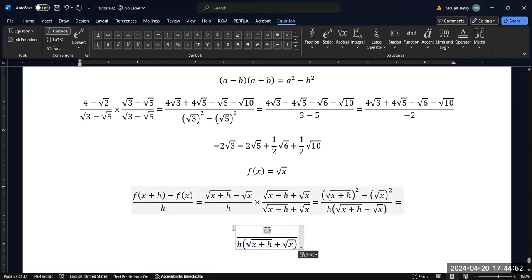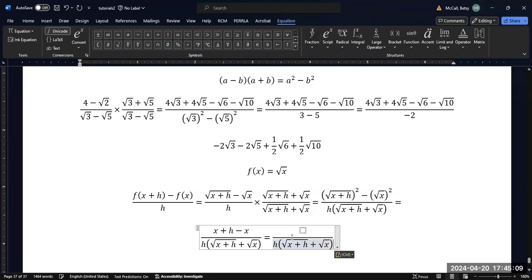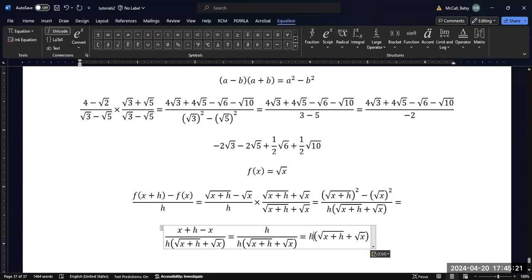But the square and the square root are going to cancel, and so I'm going to get x plus h. And then the square and the square root are going to cancel, and I'm just going to get x. And so now I can cancel my x's, and x minus x is 0. I'm leaving an h behind. And so now what I can do is I can cancel my h's. And I'm just going to get this expression.